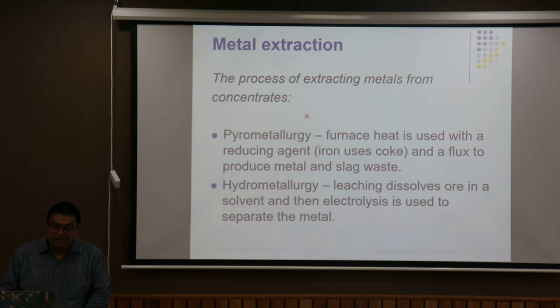Metal extraction can be conventionally done by pyrometallurgy and hydrometallurgy. Pyrometallurgy basically involves the oxidation of the ore and subsequent calcination, roasting and smelting, whereas hydrometallurgy involves leaching, dissolving the ore in a suitable solvent and subsequent electrolysis.